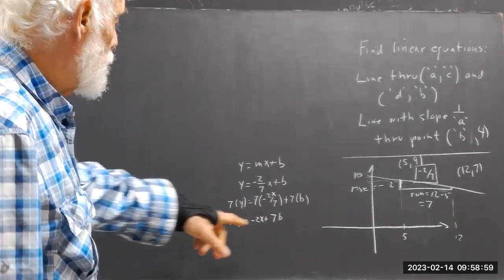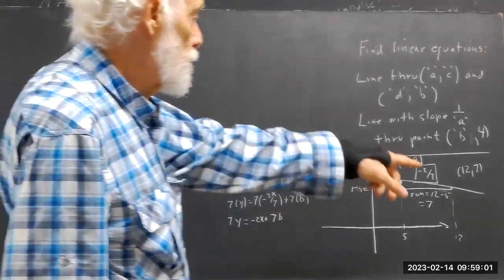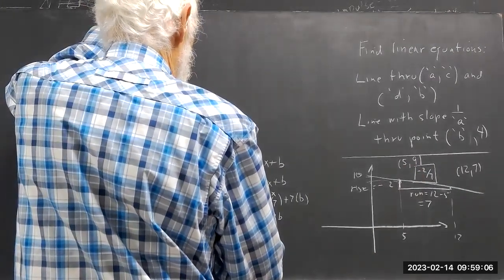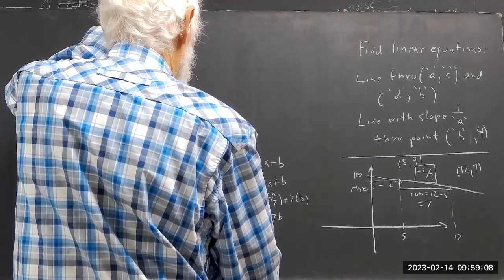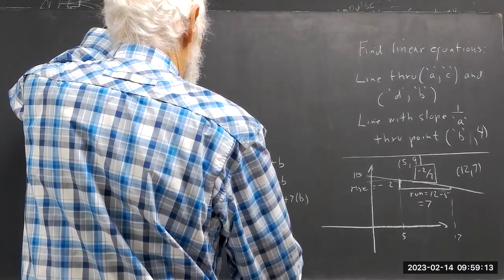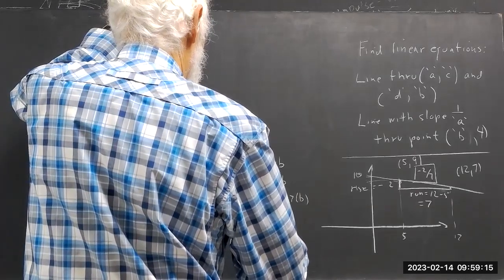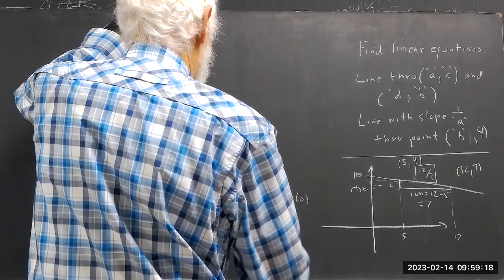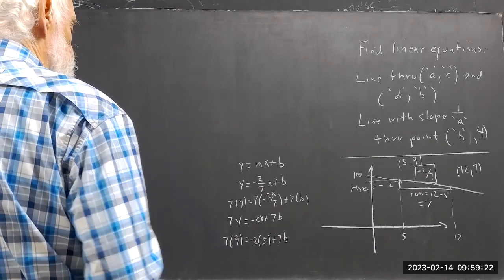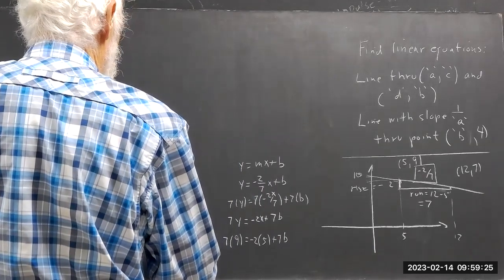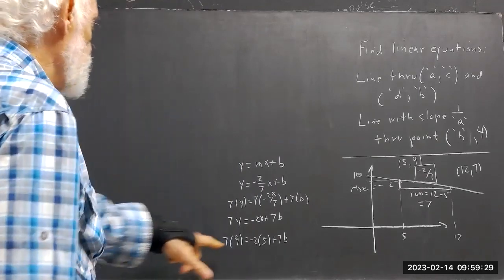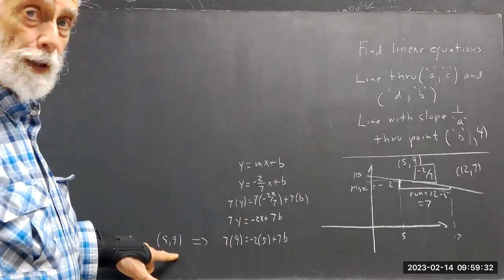Now I've got an x and a y, so I can pick either point. I'm going to pick the point (5, 9). This comes from the fact that the point (5, 9) is on the graph.